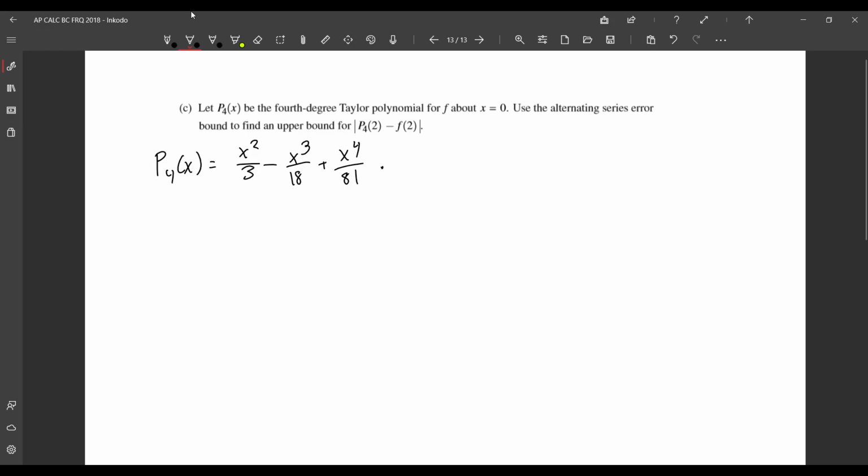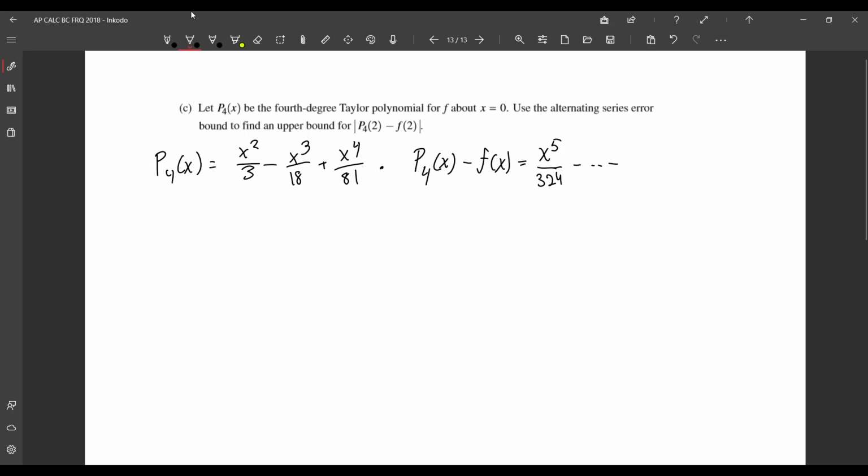And then P4 of x minus f of x is going to be x to the 5th over 324, and then minus the other terms, right?